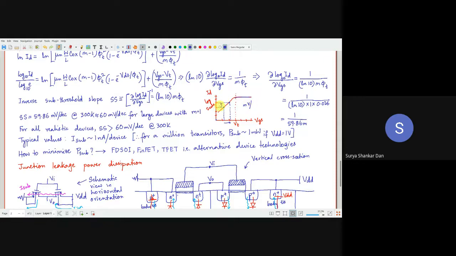That means every 1 decade change in the current level. That's why this unit is called millivolt per decade. Got it?